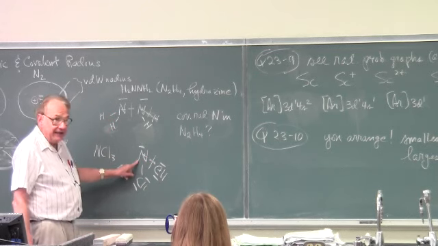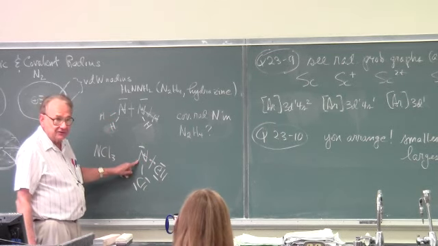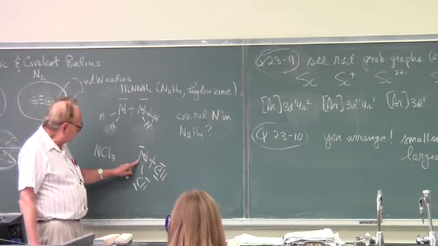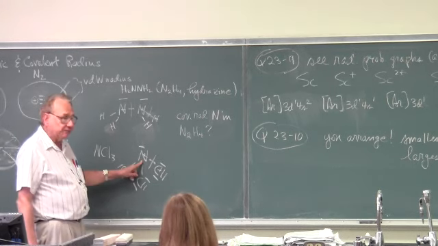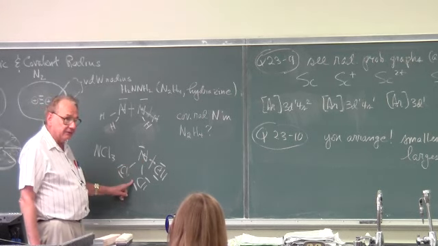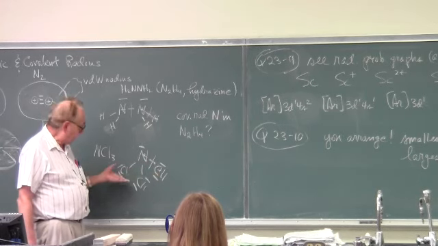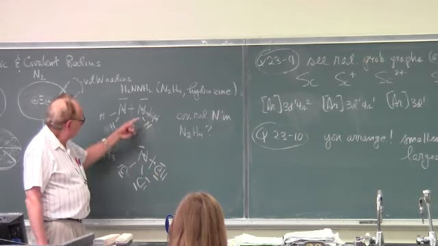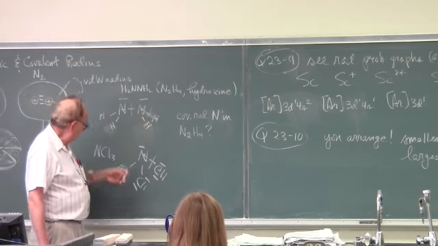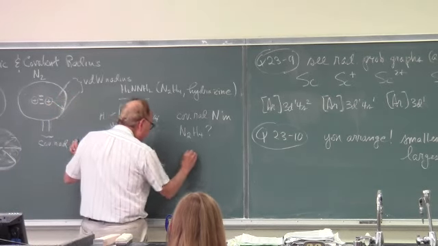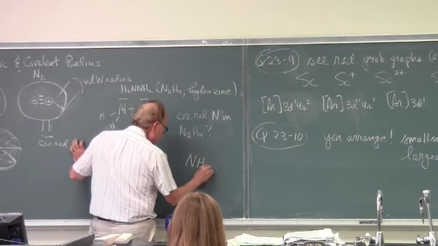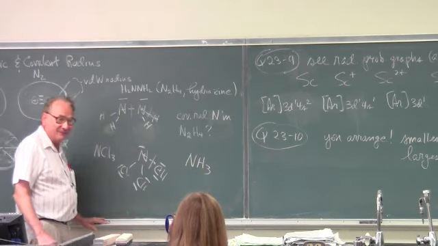Well, any simple consideration will cause us to recognize that if I observe the size of nitrogen in this molecule based on the NCl bond length, because that's all I got here, versus NH bond length, if I do this, for example, for ammonia, I got a problem.